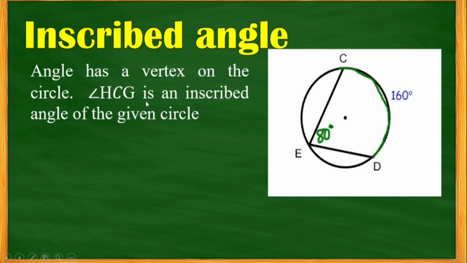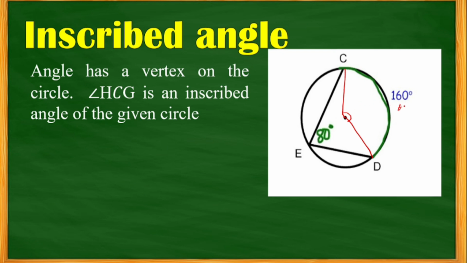The inscribed angle is half of the measurement of the central angle. The measurement of the central angle is equal to the measurement of the arc.